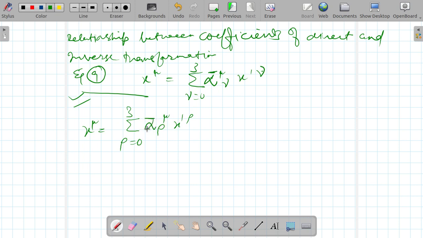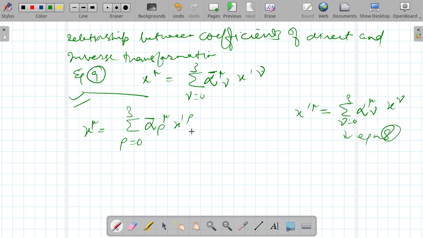It's a bar because it is inverse transformation matrix. But as we know, x prime mu must be equal to the sum over nu from 0 to 3, alpha mu nu x nu. This is equation number 8.